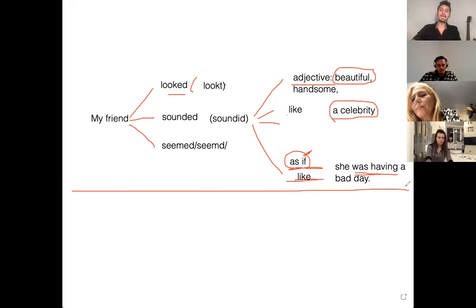Okay, and he looked really tired because he hadn't slept the night before. He sounded like a sick person, or he sounded as if he had just gotten COVID.